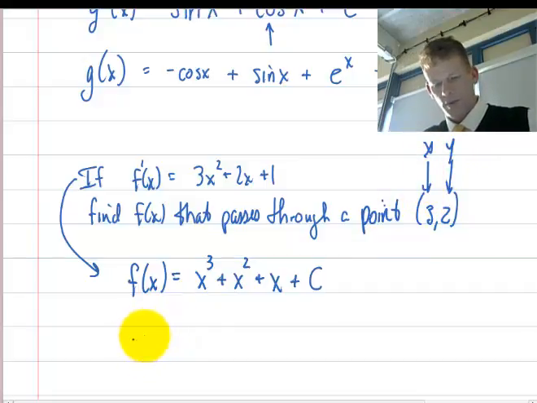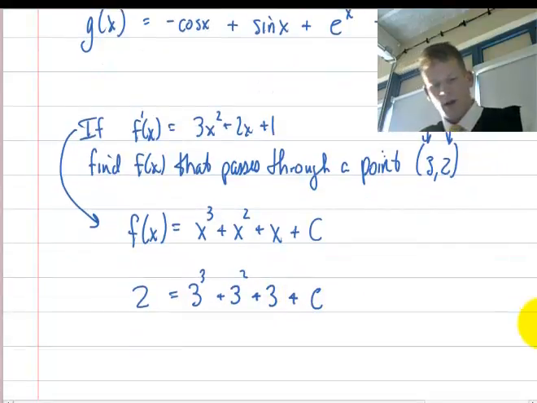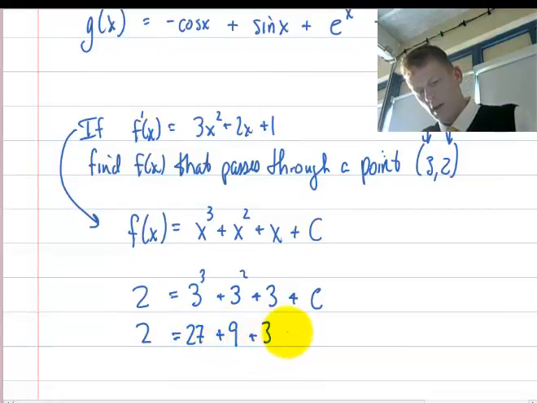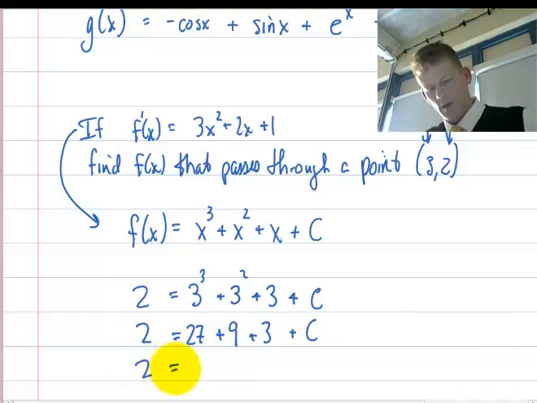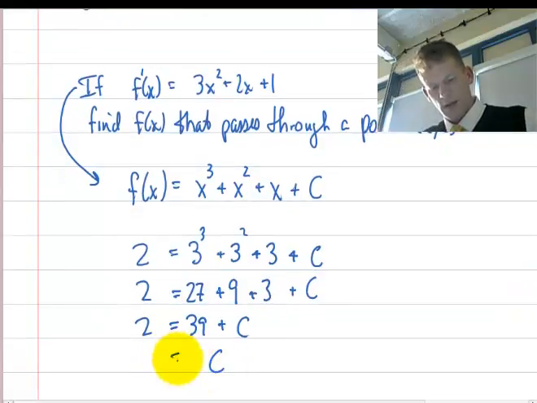So I'm going to put 2 over here. I'm going to have 3 cubed plus 3 squared plus 3 plus c, and I'm going to solve for the constant. So now I've got 2 equals 27 plus 9 plus 3 plus c. So then 2 is equal to 39 plus c. My constant is equal to negative 37.